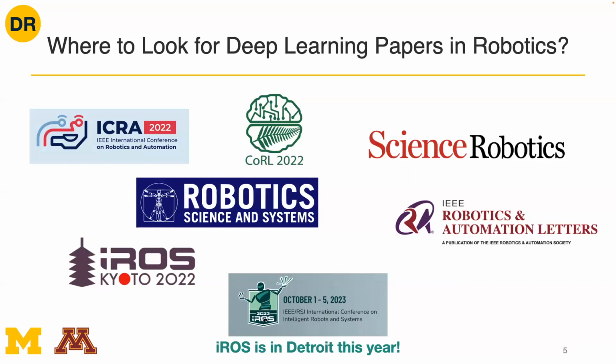IROS is another one, and as a side note, one exciting fact is that IROS, one of the major robotics conferences, is being hosted in Detroit this coming year. So in the fall, there's going to be a huge Michigan robotics presence at IROS, because it's about 30 minutes away. If you're graduating this semester, maybe you could come back to Detroit for next fall.